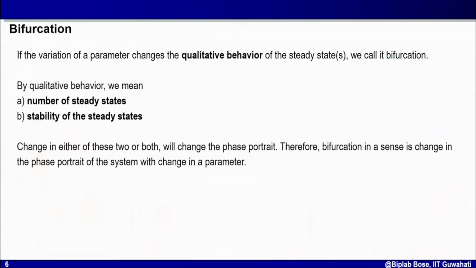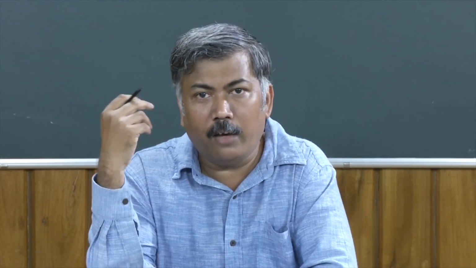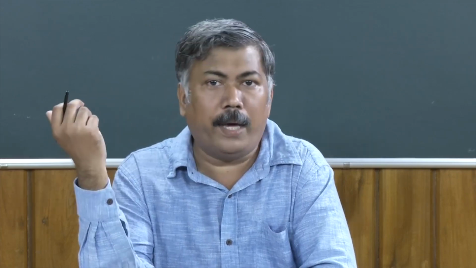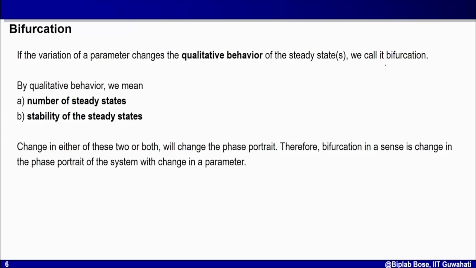So let us now define this type of behavior. This type of behavior, where the qualitative behavior of the steady states is changing or getting affected by a particular parameter, is called bifurcation. And by qualitative behavior, what do I mean? By qualitative behavior, I mean the number of possible steady states and the stability or the phase portraits around the steady states.